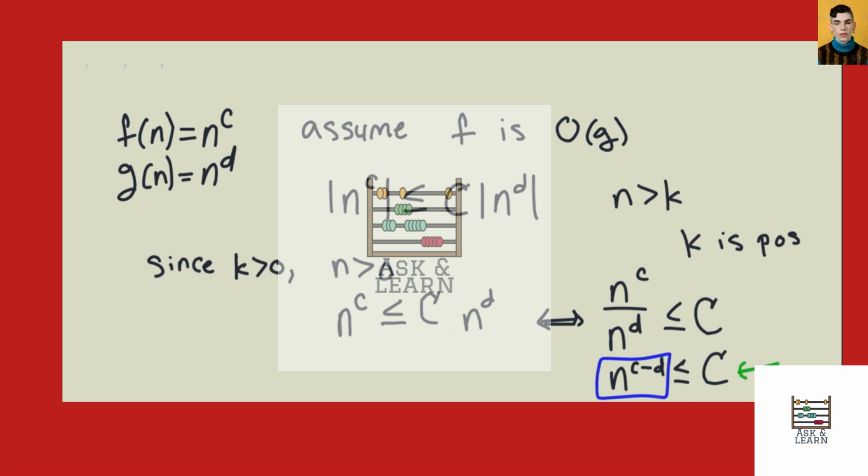Well, it can't, right? So this is where our contradiction comes in. I wish contradiction was a shorter word. Okay, and so since we have a contradiction, then we can infer that n to the C is not big O of n to the D.